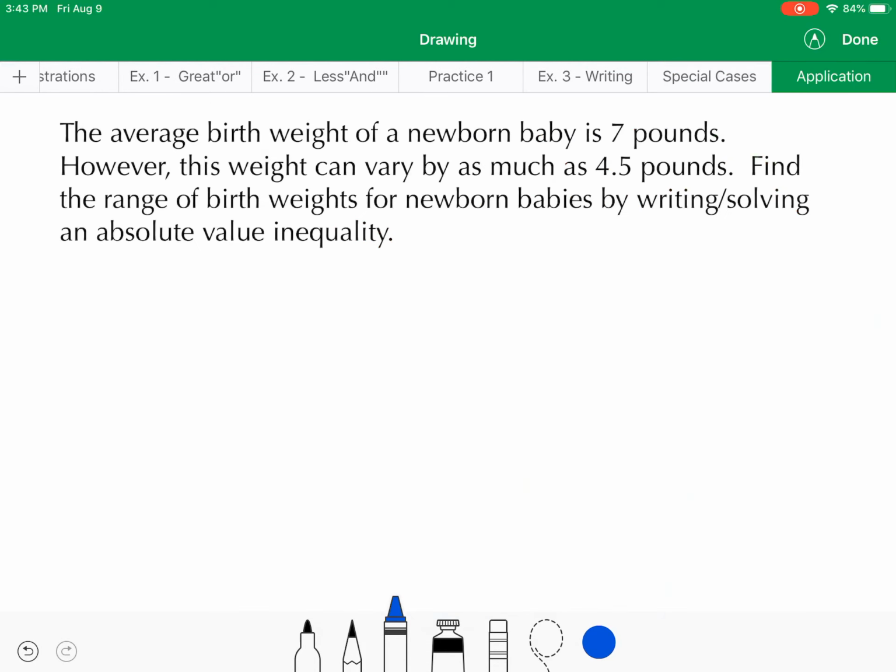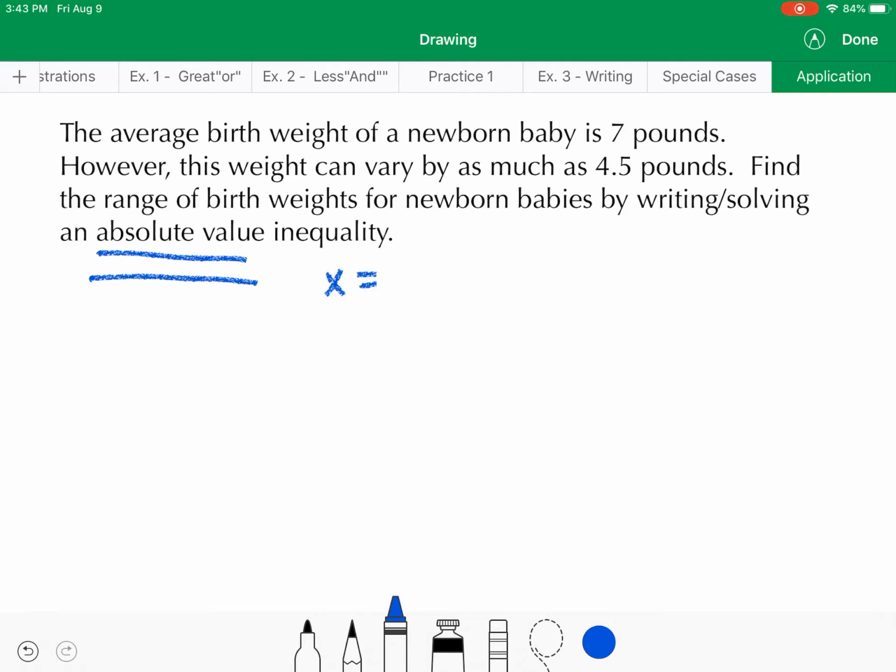All right, one last example here, a bit of an application to an absolute value inequality. Here we have the average birth weight of a newborn baby known to be 7 pounds. However, this weight can vary by as much as 4.5 pounds. Find the range of birth weights for newborn babies by writing and solving an absolute value inequality. Once again, absolute value. All right, let's define a variable here.